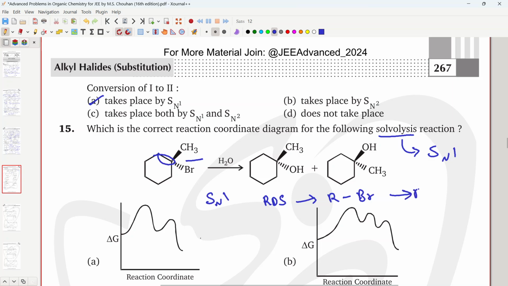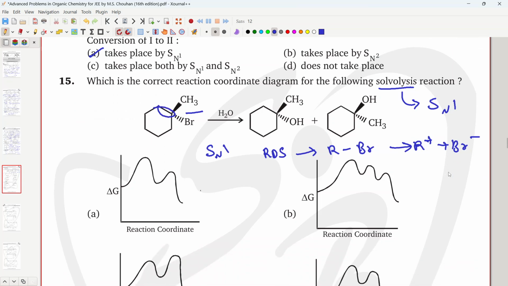The mechanism: the slow step, also the rate determining step, is the cleavage of the R-Br bond, formation of the tertiary carbocation. This is the highest energy barrier. So step 1. Then H2O attacks, meaning R+ gives ROH2+, forming a protonated alcohol.